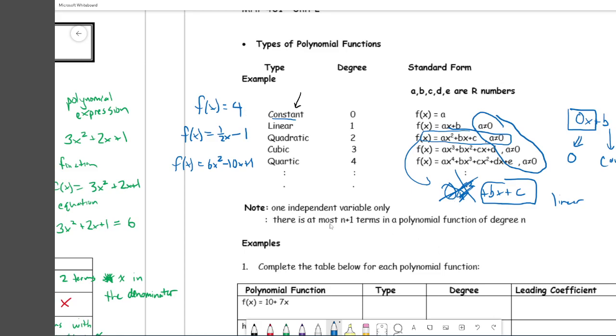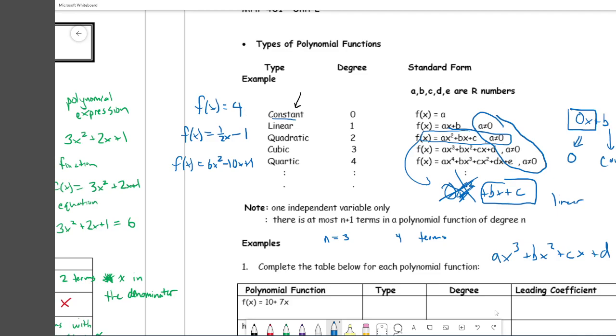It says there are at most n plus 1 terms of a polynomial function of degree n. That should make sense to us, because, for example, if n equals 3, then there could be 4 terms maximum. So there'd be a cubic term, a quadratic term, a linear term, and a constant term.